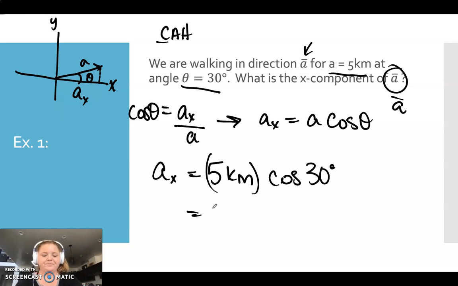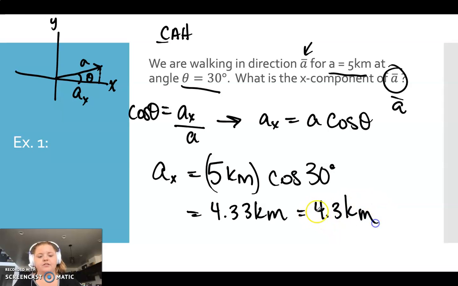Okay. So 5 cosine 30 degrees, and we get 4.33 kilometers, or we can say 4.3 kilometers, around the same value, okay? All right, so that would be our x component of A.